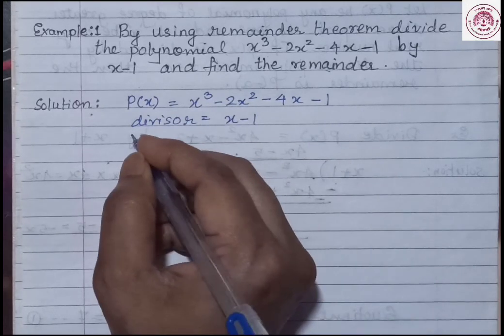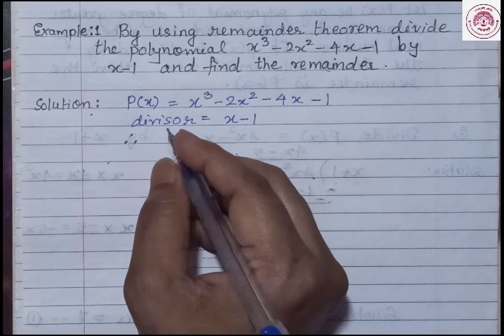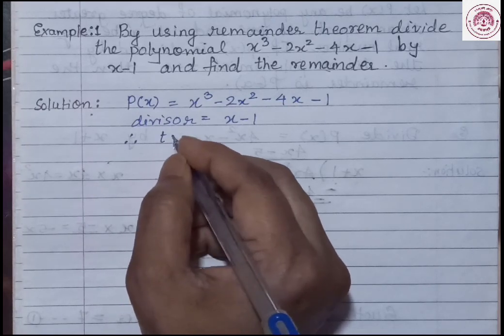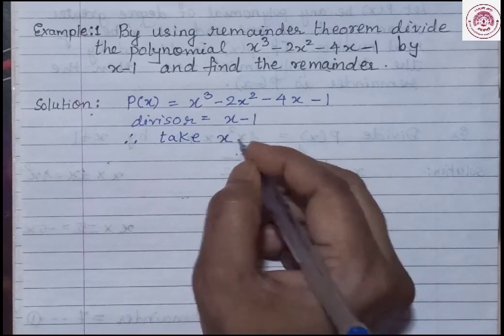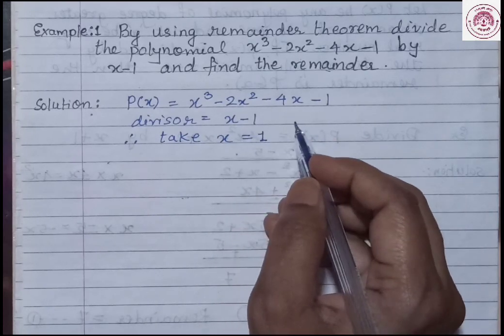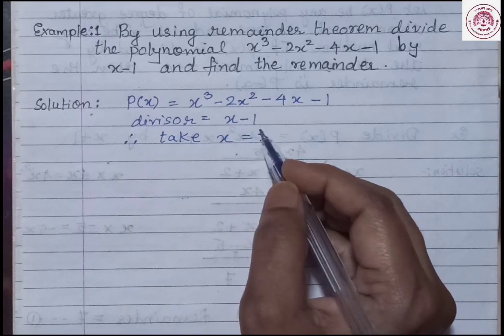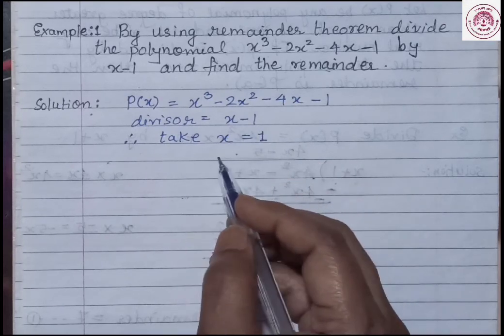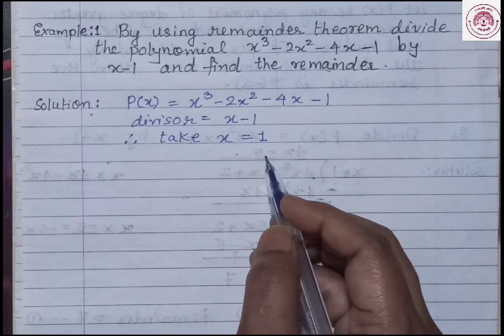Therefore, take x equal to 1. That is, you can take x minus 1 equals 0 so that the value of x will be 1. Okay, so we have to take x equal to 1 here.